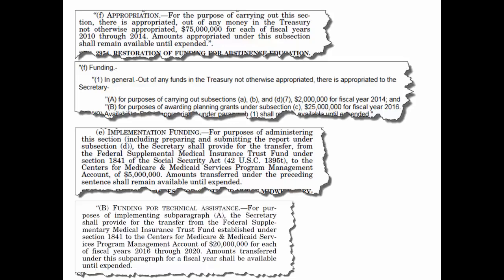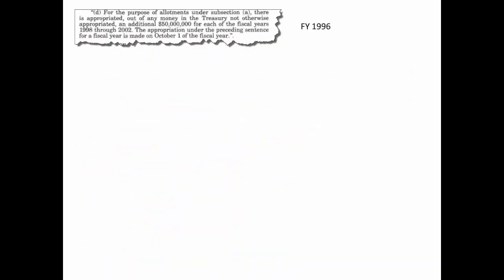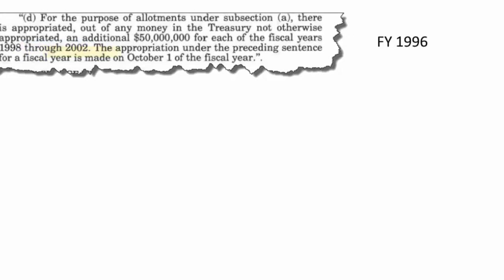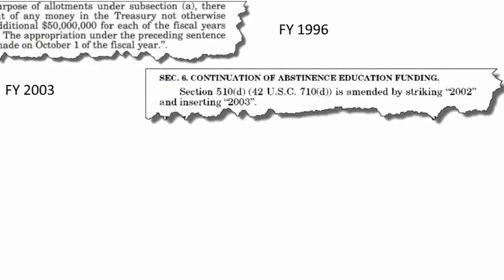For example, let's take a look at the history of appropriations for abstinence education. Here is the original appropriation in fiscal year 1996. Since the original appropriation ended in 2002, here we see amending legislation in 2003, extending the funding through 2003.